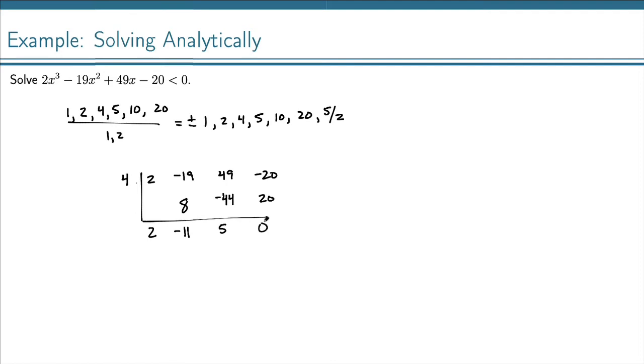So this gives me a factored form. 4 is a zero, which means x minus 4 is a factor. And then these are the coefficients of what's left, 2x squared minus 11x plus 5. Now I want to see if I can factor this. And this does factor.